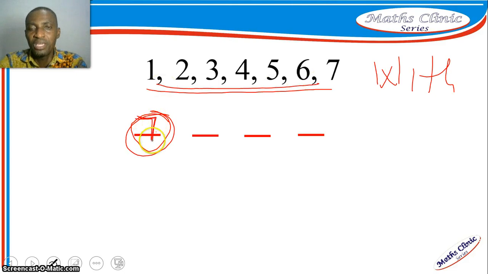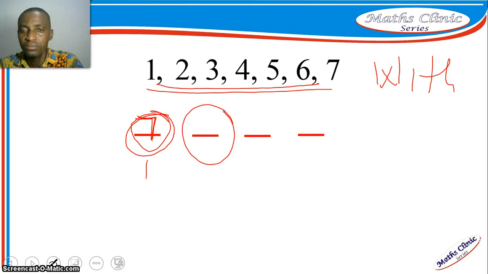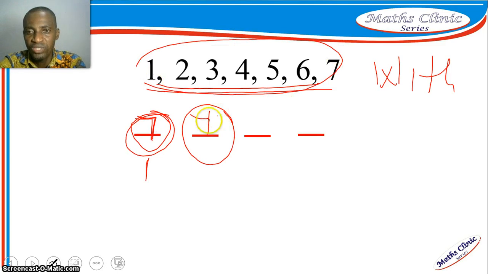Now, assuming one of them is taking the position over here, let's say 1 has come here. How many ways can we arrange this? I'm sure you will say 6, but that's not true. It should be 7, because we are saying with repetition, it means 1 can repeat again. Even though 1 has positioned itself, it can also be repeated again. So any of these can be positioned here, and so that's 7 different ways.